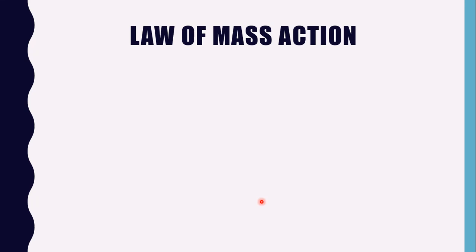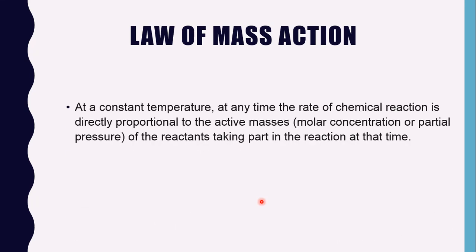Law of mass action, you have remembered, is that at a constant temperature, at any time, the rate of chemical reaction is directly proportional to the active masses of the reactants taking part in the reaction at that time. Last class we explained when active mass is expressed as molar concentration, and we got the equilibrium constant, that is molar equilibrium constant Kc.